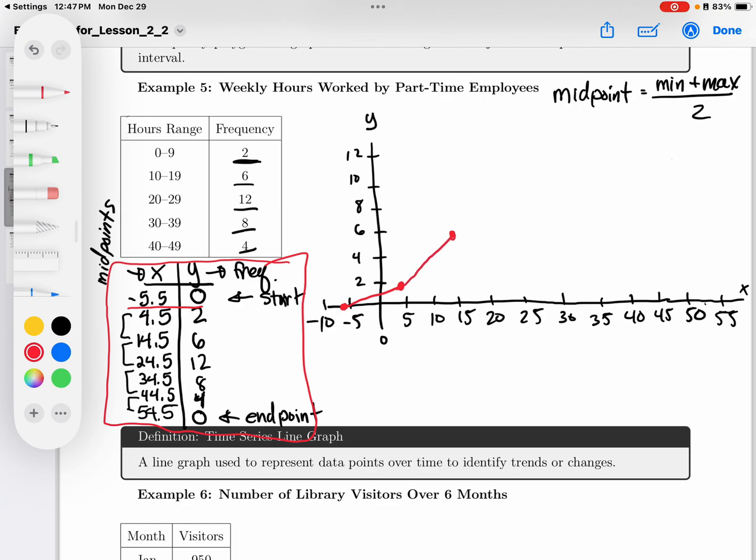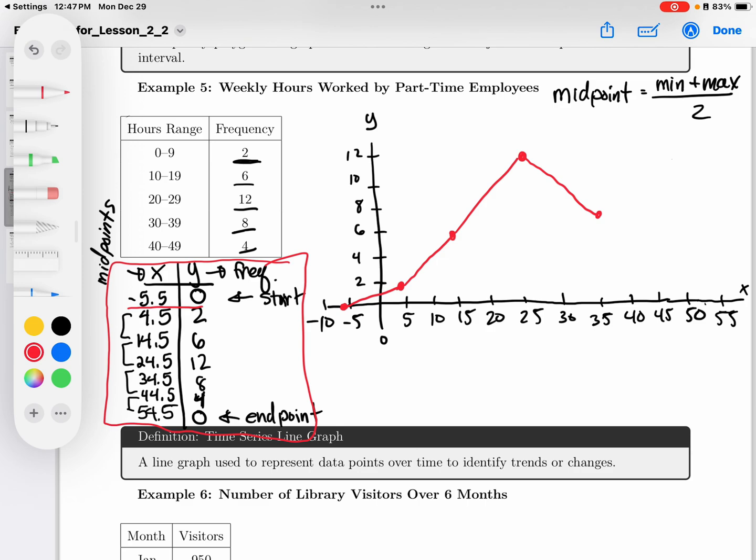Then 24.5 with the frequency of 12. That's going to be our highest point. Then we're going to graph 34.5 with the frequency of 8. So that would be about right here. Connect the dots.